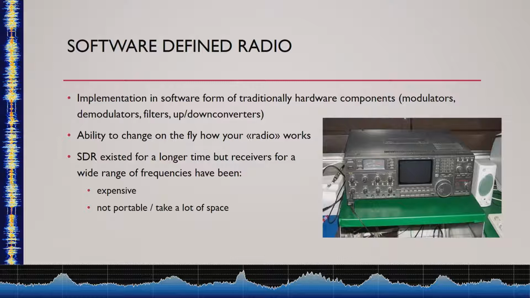However, you can achieve the same result as in a traditional radio if you sample the original signal, get out the raw signal from the electromagnetic waves, and convert it, filter it, demodulate it, use it using software. And that's what we call software-defined radio.